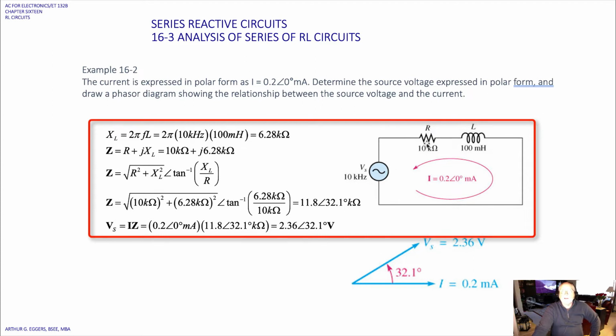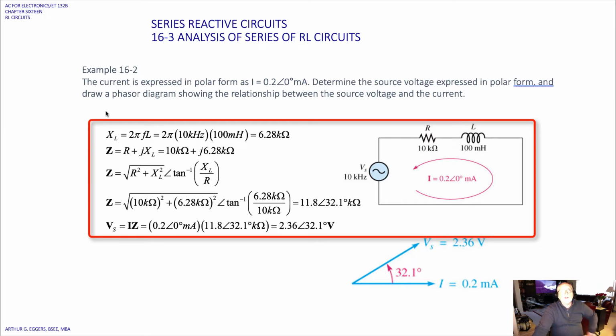We've got a resistor and an inductor in series, 10k ohm, 100 millihenries. We've got a source that is 10 kilohertz, and we've got a current expressed in the polar form as 2.10 at 0 degrees, milliamps.